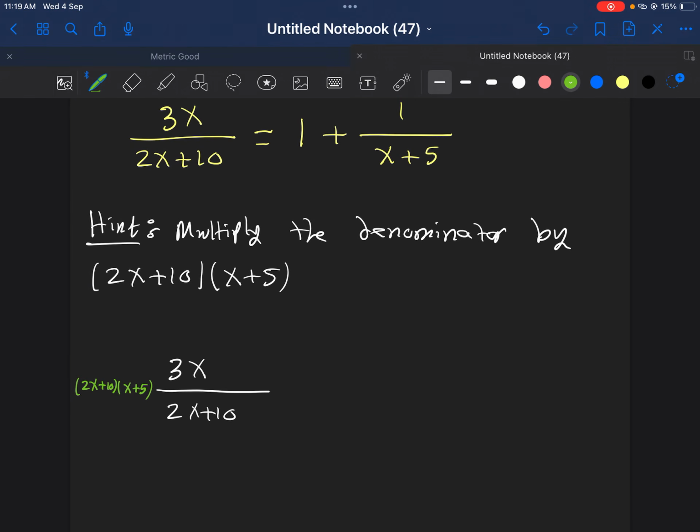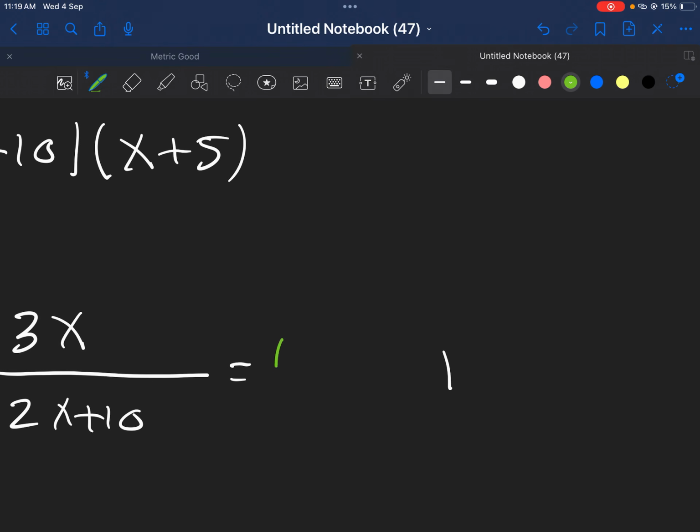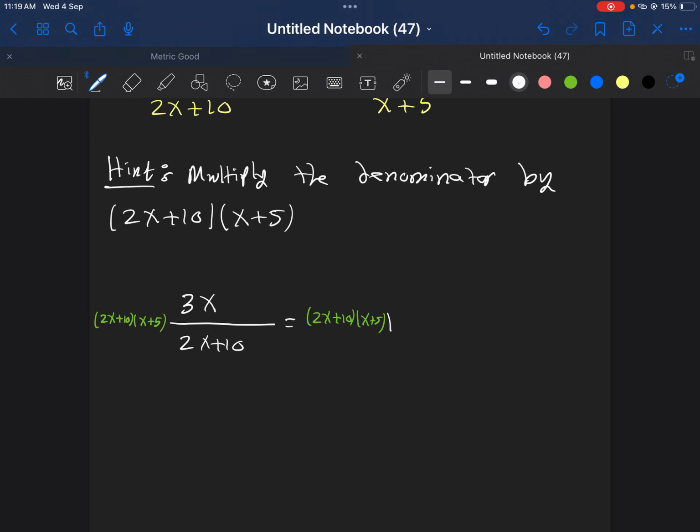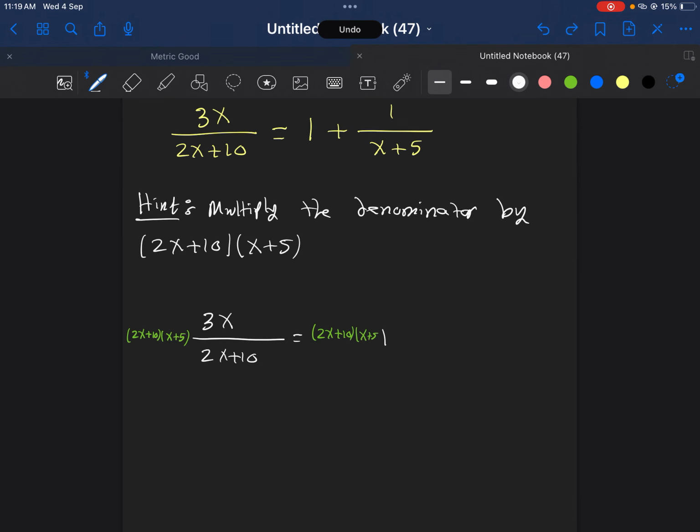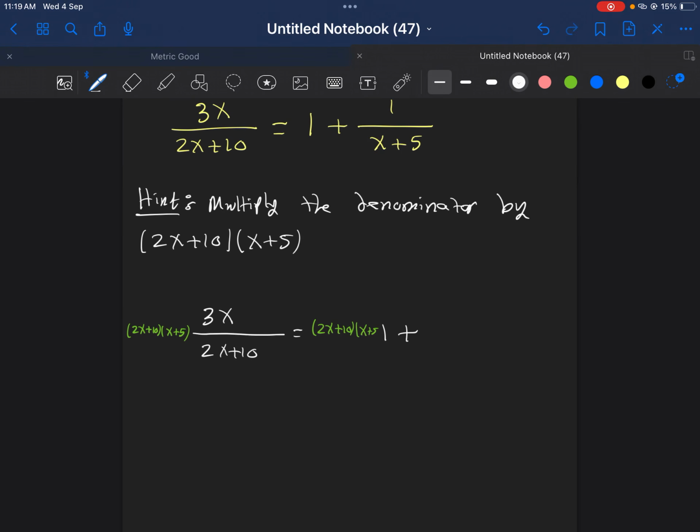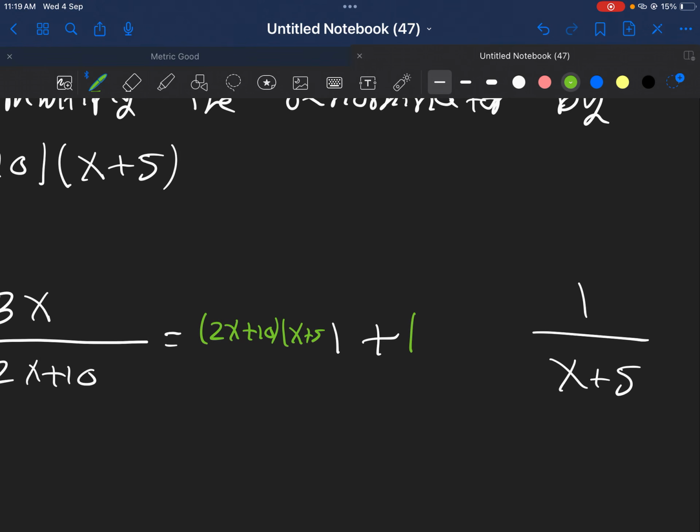The next term, do the same. You have 1, so I will multiply this one by 2x plus 10, x plus 5. And then we have plus 1 over x plus 5, and again we multiply it by the same, 2x plus 10, x plus 5.